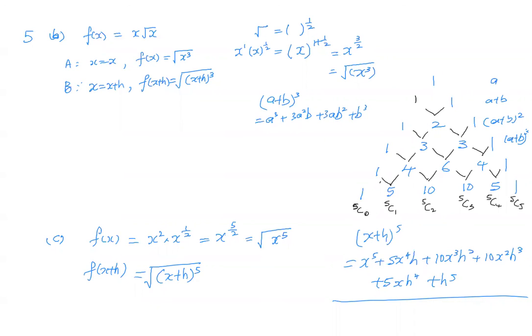So every term will be degree 5. You see, 4 plus 1 is 5. 3 plus 2 is 5. 2 plus 3 is 5. One increases, the other one decreases. That's called binomial expansion. Okay? Thank you, Miss. Okay, thank you, class.